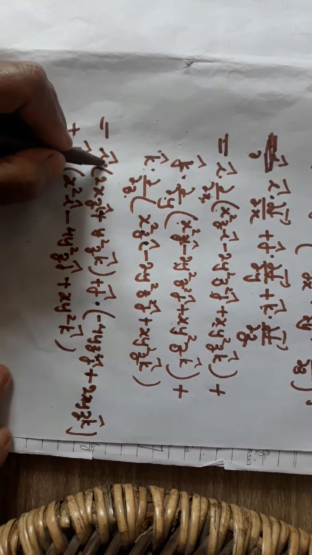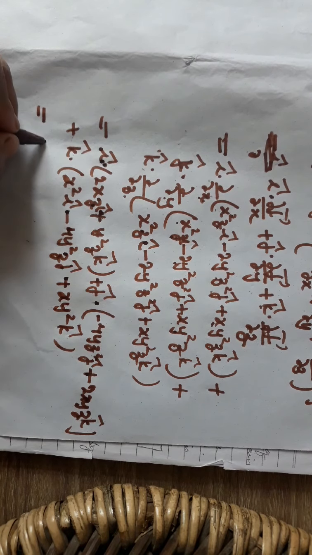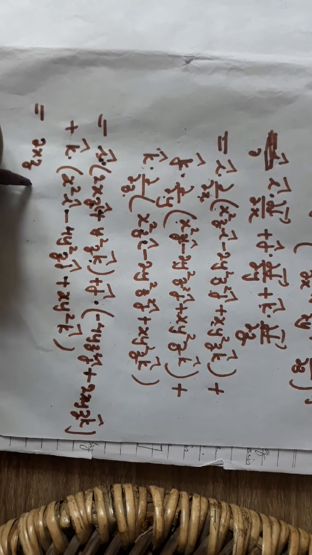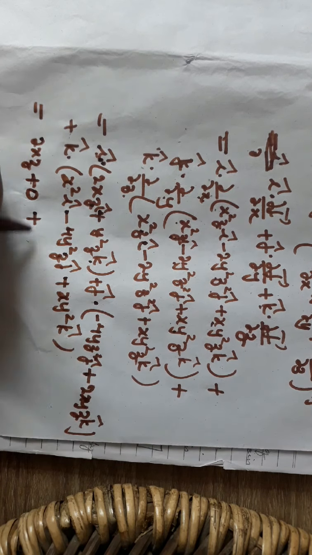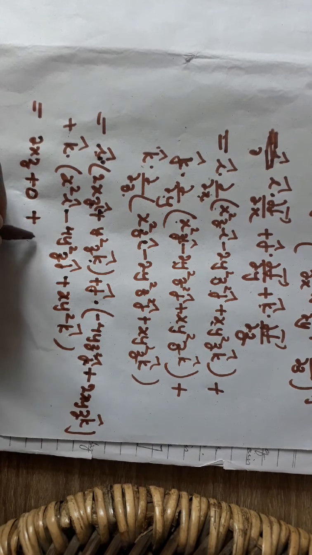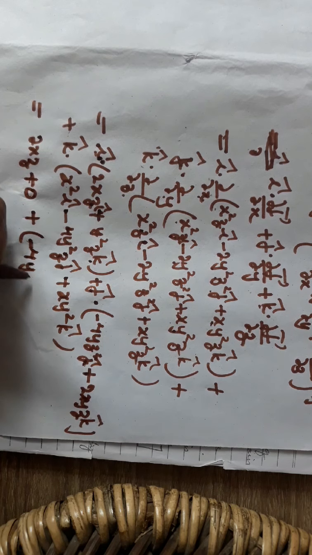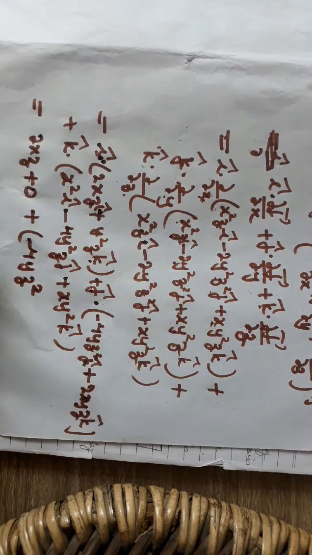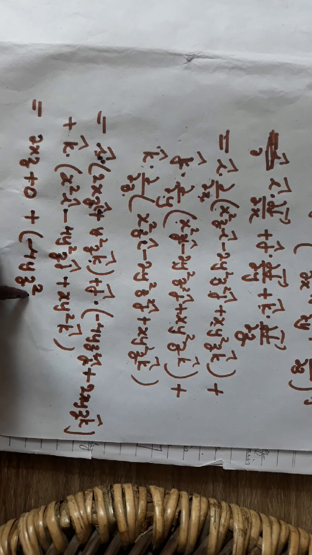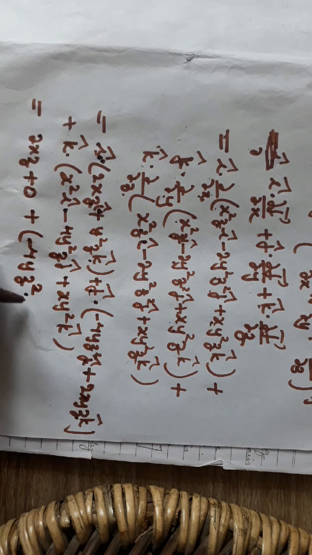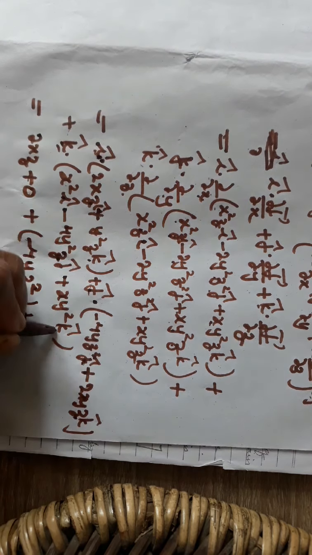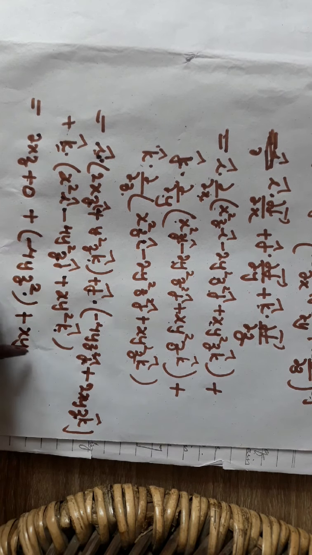Now apply the scalar dot product. i dot i gives 1, so what remains is 2xz. i dot k is equal to 0. Then j dot j gives 1, so you remain with minus 4yz squared. j dot k gives 0. Similarly k dot i gives 0, k dot j gives 0, but k dot k gives 1, so you have x y squared.